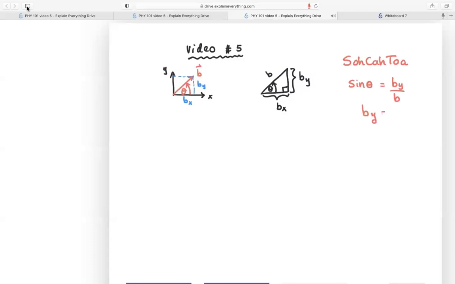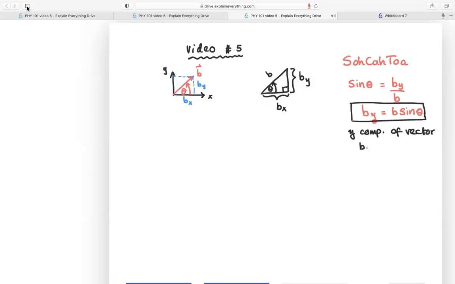We call this the y component of the vector B, and that equals B times sine theta. And then I asked the class to put a box around it, because this is an important thing, and this is the y component of vector B.